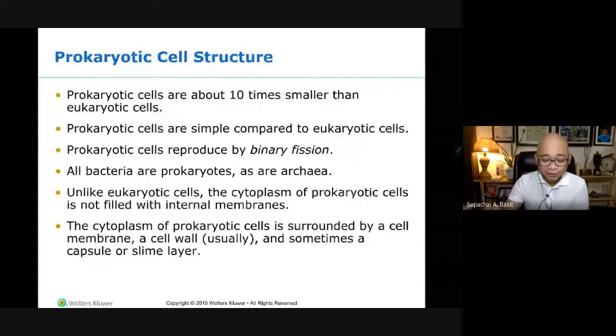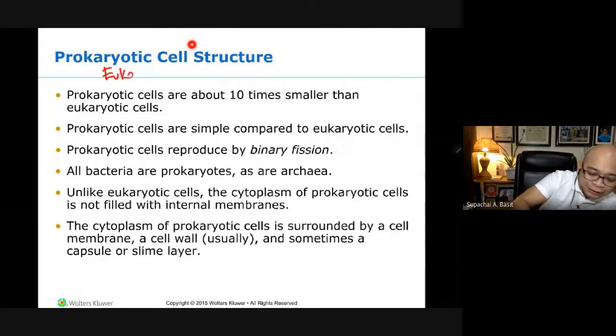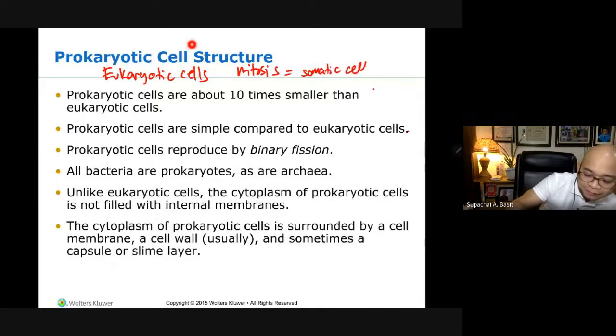So remember, eukaryotic cells, if you can still remember your anatomy, they divide either by mitosis for the somatic cells or meiosis for the gametes.